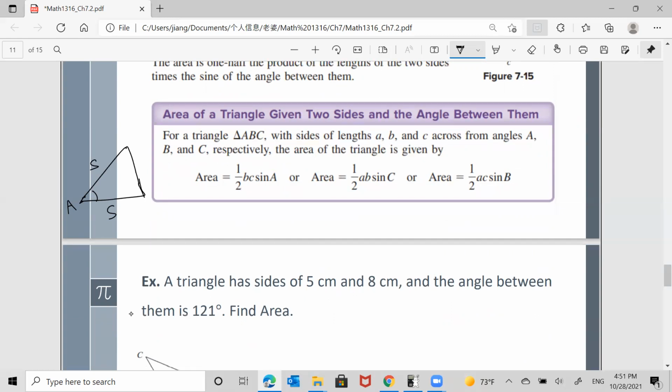So the area equals 1/2 times the length of this one, and times the sine A. So the area for the triangle ABC can be expressed like 1/2 BC times sine A, because A is between B and C, or equals 1/2 AB times sine C, or 1/2 AC times sine B.